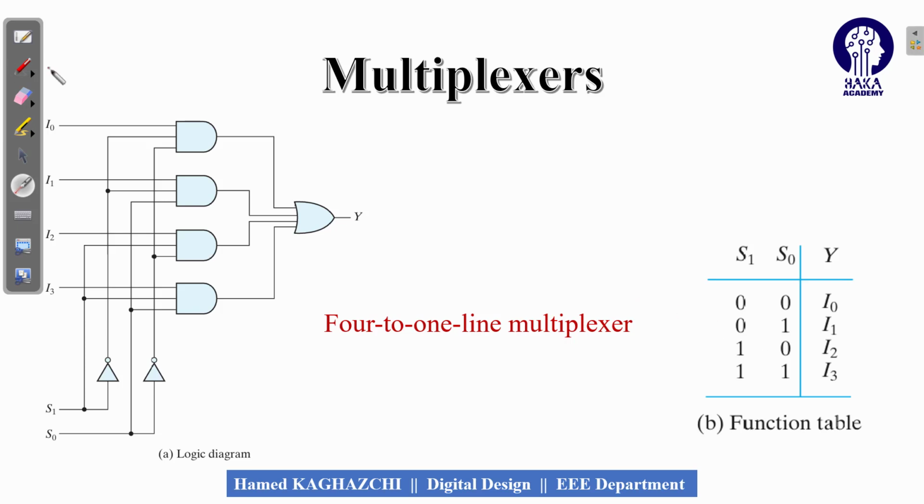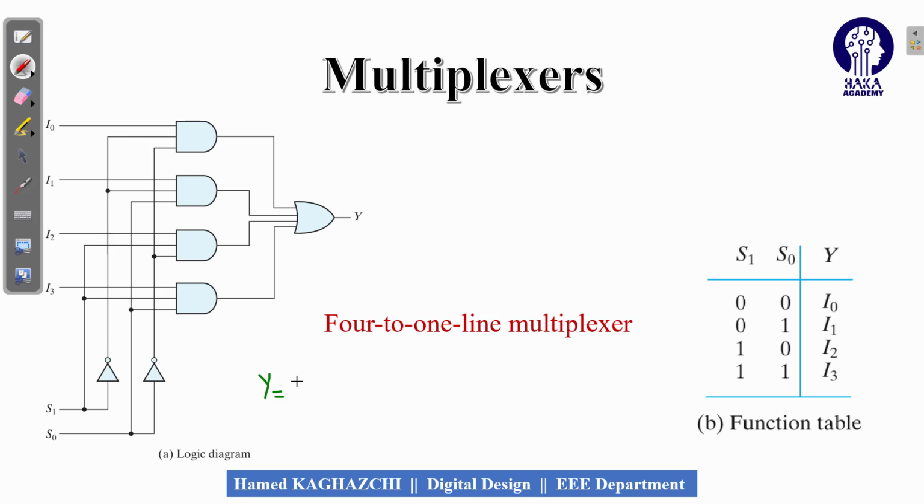So again, same as the previous one, we can write the output as a sum of minterms of each control line combination with the input.